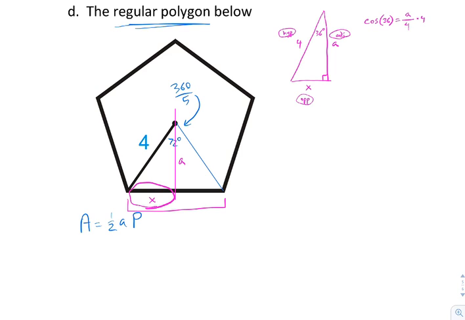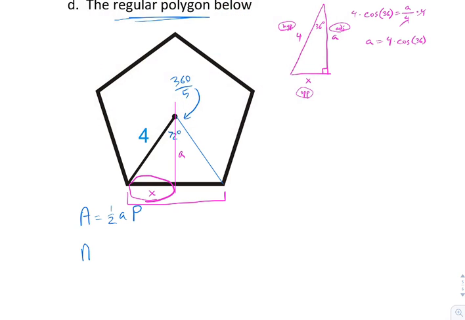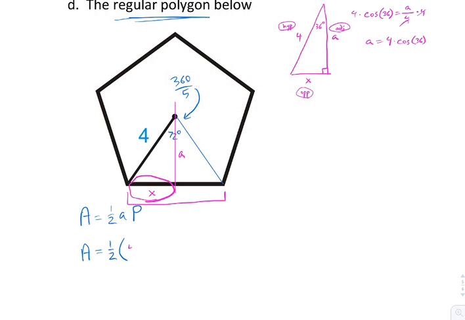If I multiply by 4 on both sides, I get that my apothem is 4 times cosine of 36. Okay, so I already got my apothem. So if I go down to my area, it's going to be 1/2 times my apothem, which is 4 times cosine of 36, which absolutely you could approximate.